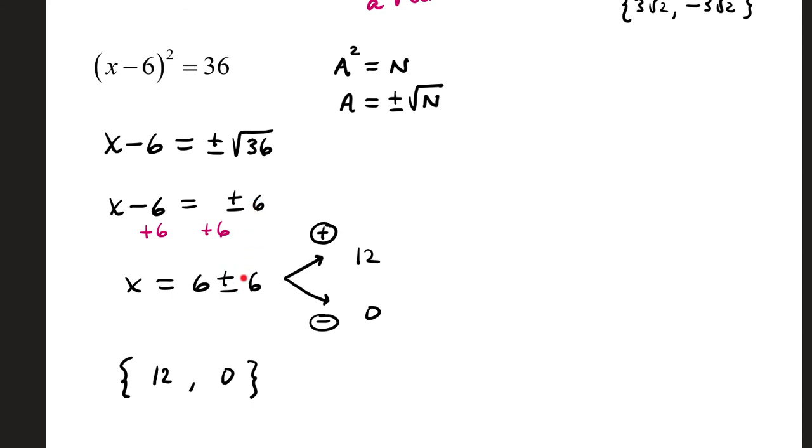Plus minus 6, you want to leave it in the back because, again, we're after two solutions. When you add the numbers, 6 plus 6, you get 12. When you subtract them, 6 minus 6, that's 0. So I've used a plus sign and a minus sign. I've circled them to show what operation was being done. 6 plus 6 is 12. 6 minus 6 is 0. 12 and 0 are your solutions.